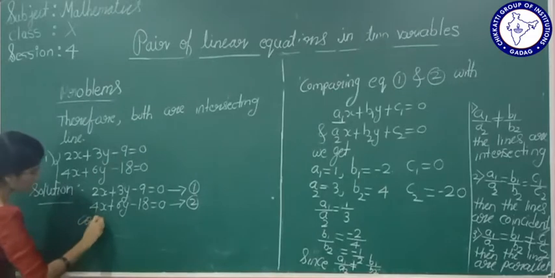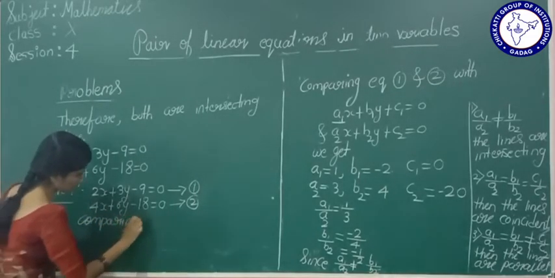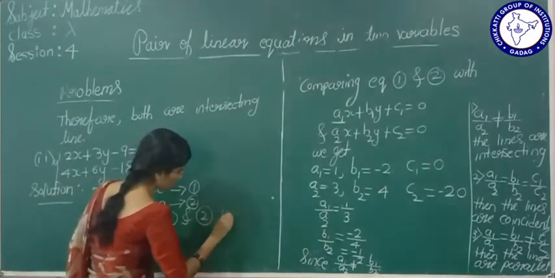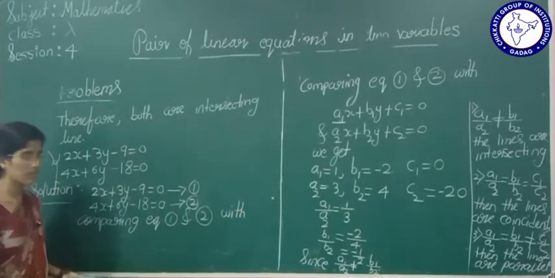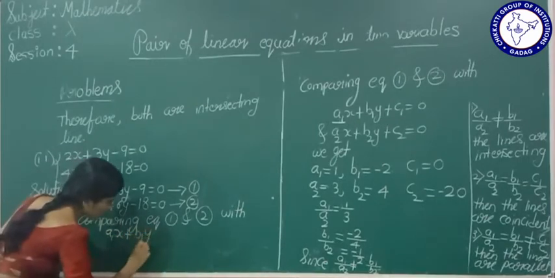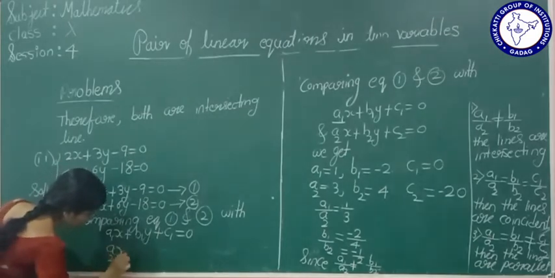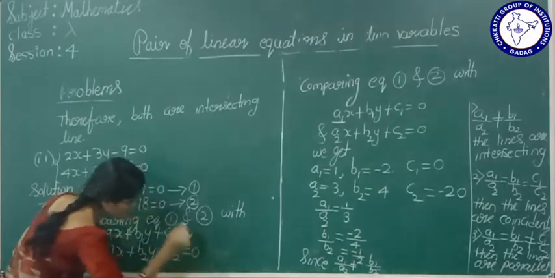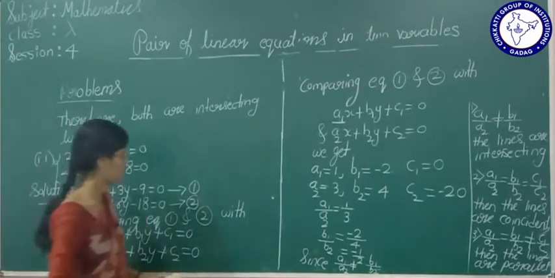Comparing equation 1 and 2 with the standard form of pair of linear equation, that is a1x plus b1y plus c1 is equal to 0, a2x plus b2y plus c2 is equal to 0. So we are going to compare these equations with this.